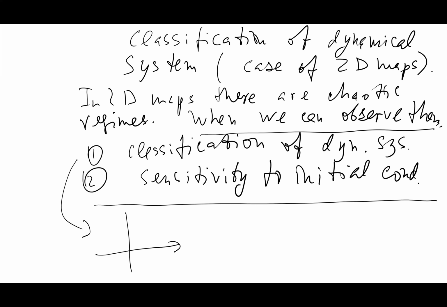The idea with the classification is like this. We have a point in two-dimensional space, let's say position vector Rn. After we apply the map, we get a new point, position vector Rn plus 1. Assume we have another point with position Rn plus a small vector epsilon n.